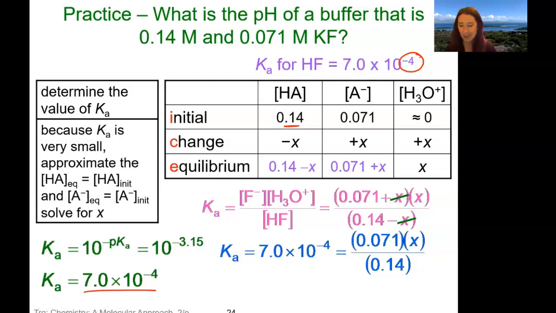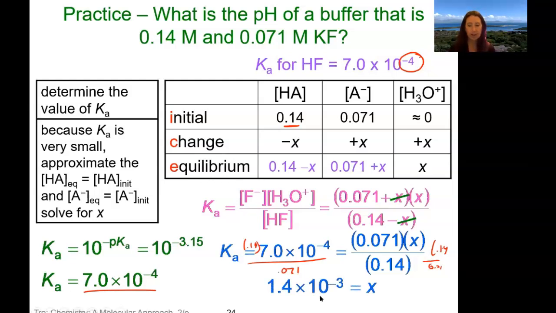Not even any squareds here, just multiply by 0.14, and then divide by 0.71. And we get 1.4 times 10 to the negative 3.